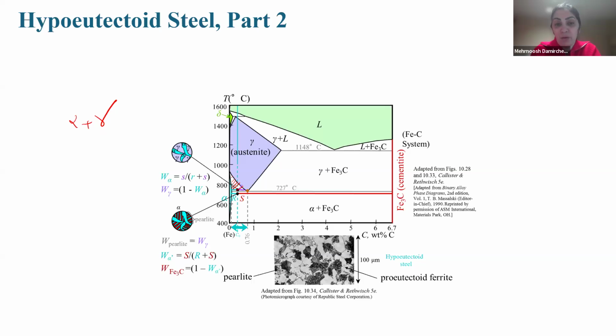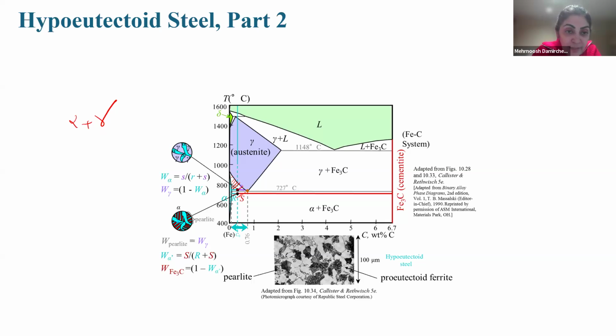But a little below these temperatures, I told that it should be hypoeutectoid. So I'm talking about this region, yeah? Hypoeutectoid, we have lamellar structures that the name is perlite. Perlite, you see layer by layer. The red layers are cementite, the blue layers are ferrite. But both of them are ferrite of perlite, yeah? Because layer ferrite plus layer cementite is named perlite. But you see some blue grain.